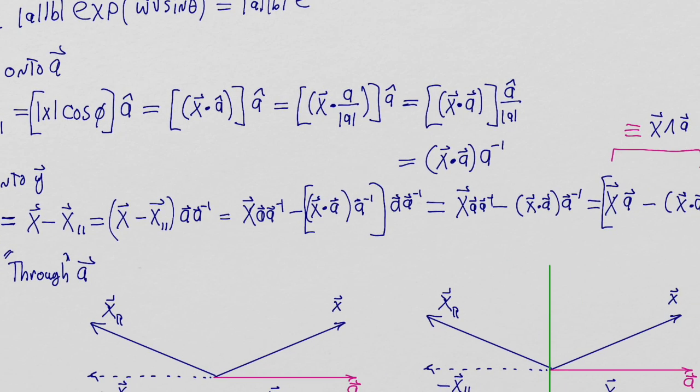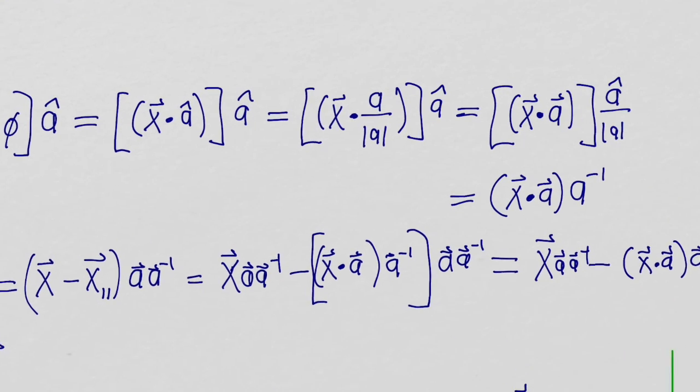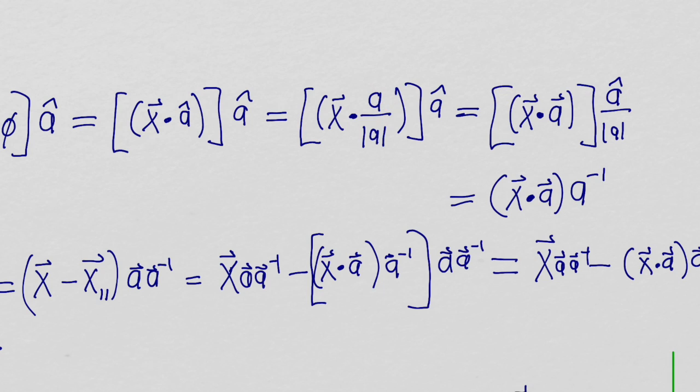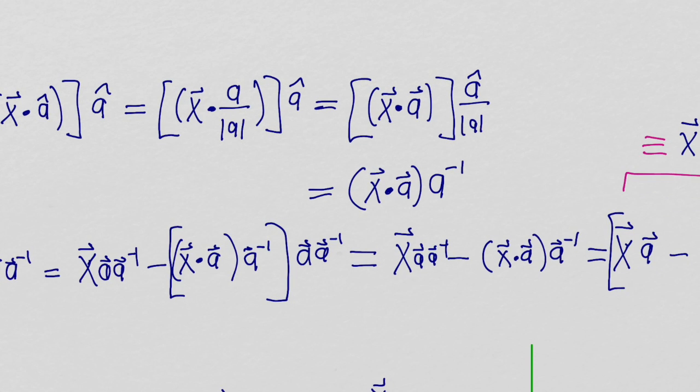Then if I replace a hat with its definition, a over the magnitude of a, a simple replacement to make, I can take this a hat out and I will get x dot a vector.